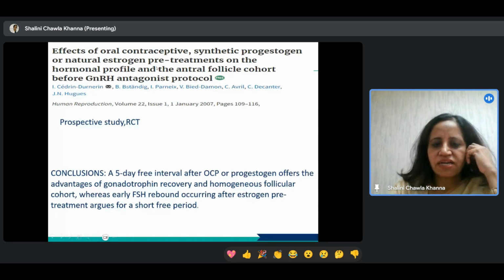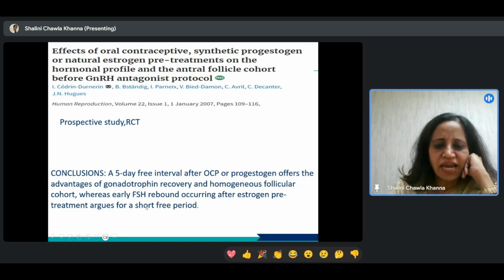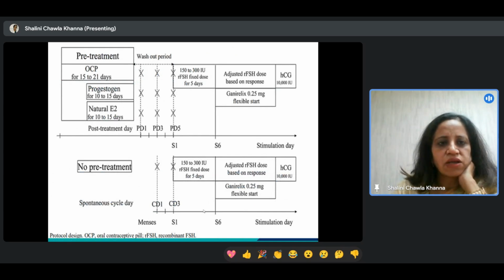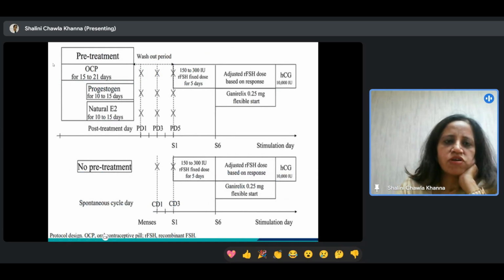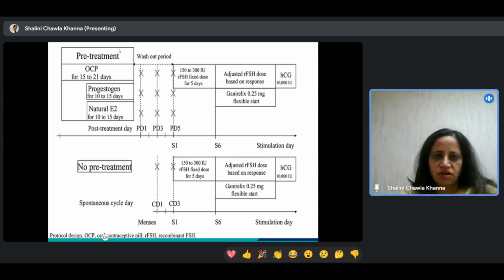They concluded that a 5-day free interval after OCs or progesterone offers the advantages of gonadotrophin recovery and hence a homogeneous follicular cohort, whereas early FSH rebound occurs after the estrogen pre-treatment, which argues for a short free interval. Now, we give OCs for 15 to 21 days, progesterone for 10 to 15 days, or natural estrogens for 10 to 20 days, as I just mentioned above.